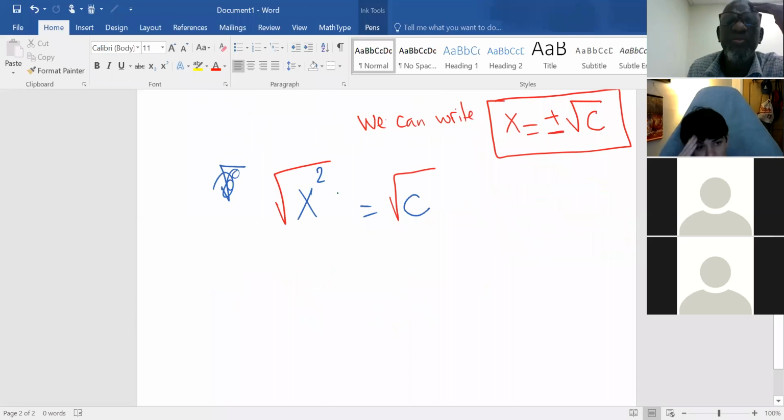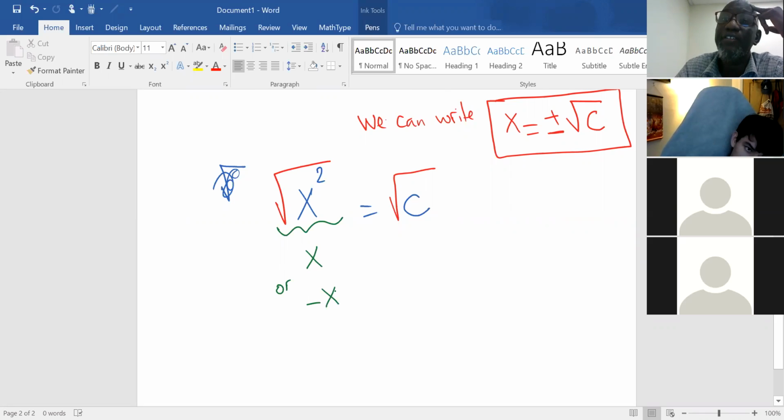What they do is, it's either x or negative x. Yes, because not every x squared means x is positive. It might be negative. Exactly, thank you very much, Alia. Because x squared can be positive, but x can be negative, right?